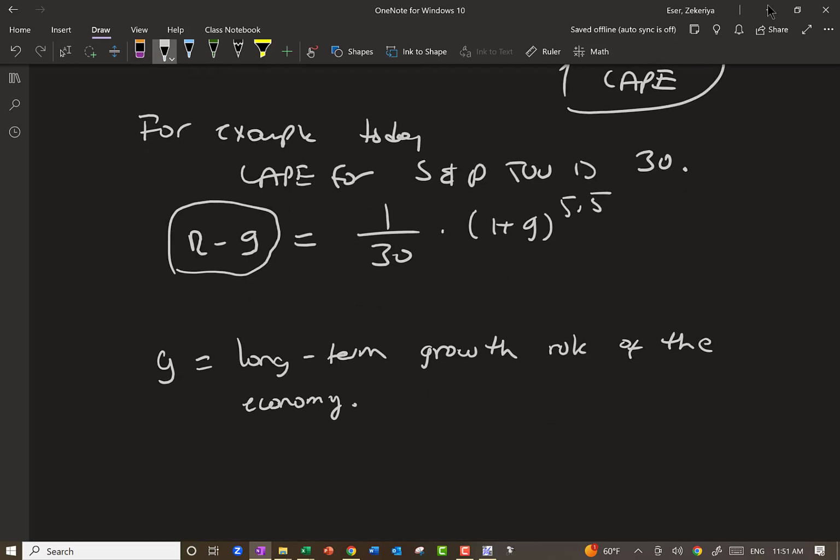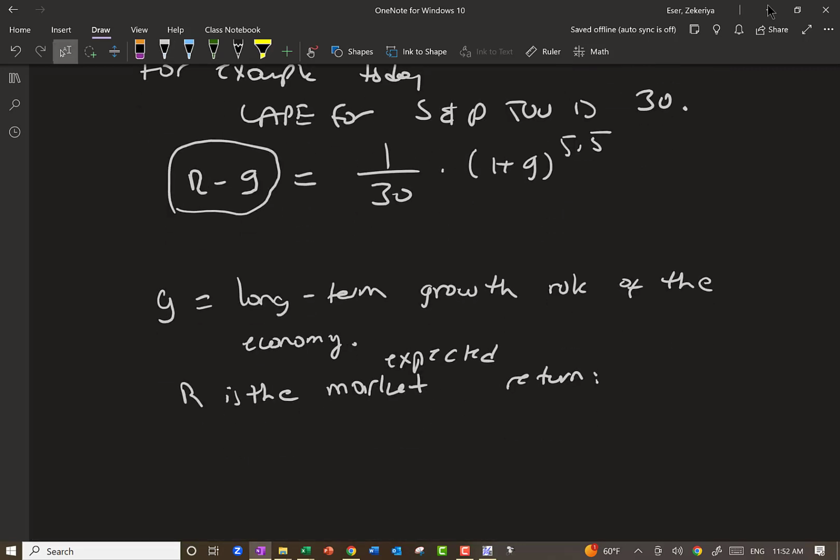The trouble is that R is the expected market return. Here we can act in two ways.